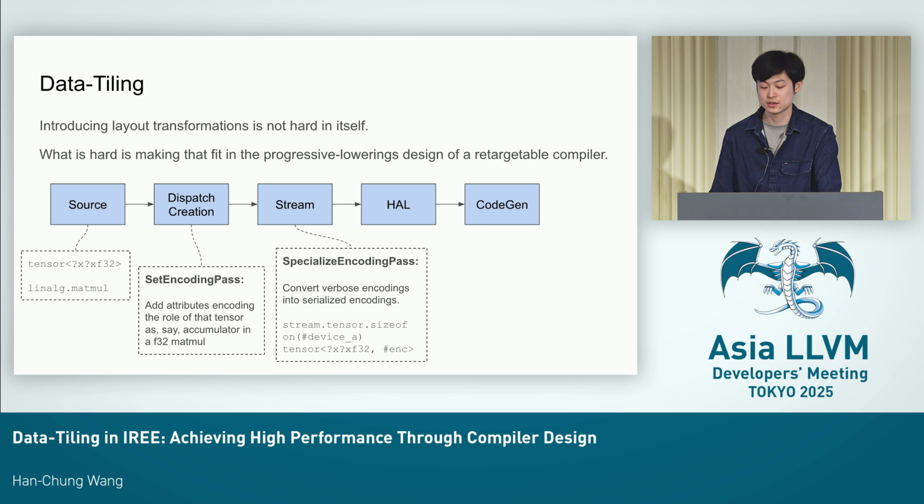So, however, you may have a question like how does stream interpret the encodings? Like what we showed in the verbose encodings, which is a tensor encoding for a matmul left-hand side operand. It encodes the element types that help you make the decision for target intrinsics.